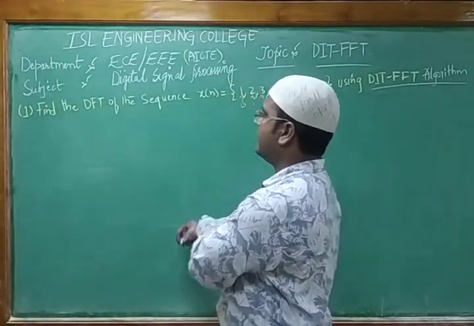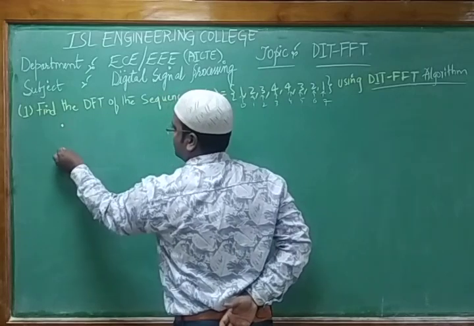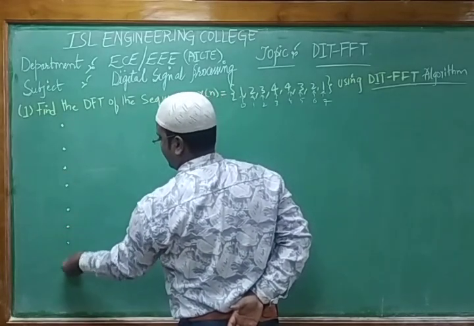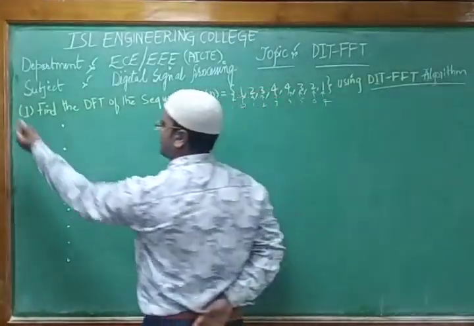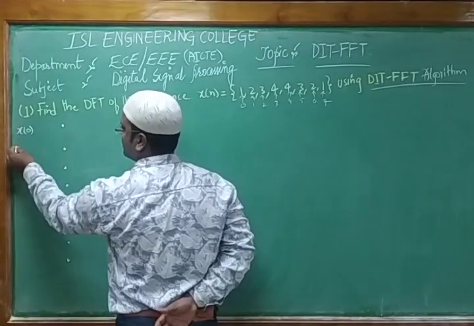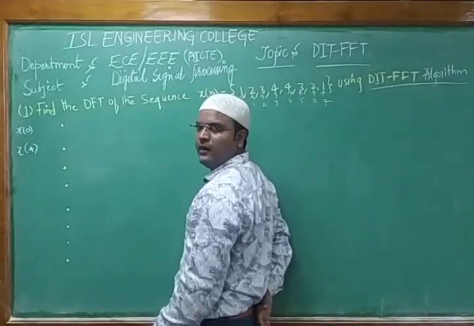Let us see the diagram for that. We'll take the first inputs as dots: 1, 2, 3, 4, 5, 6, 7 and 8. What is the first input value I should take? I should start from x of 0. After x of 0, the next consecutive input is x of 4, the difference being 4.